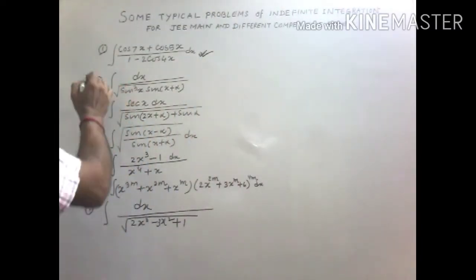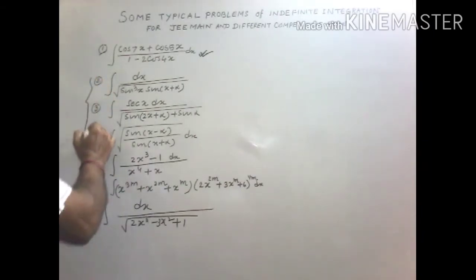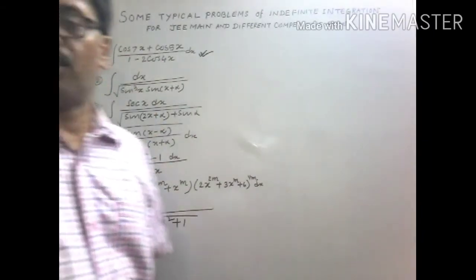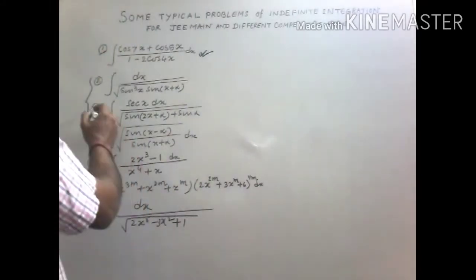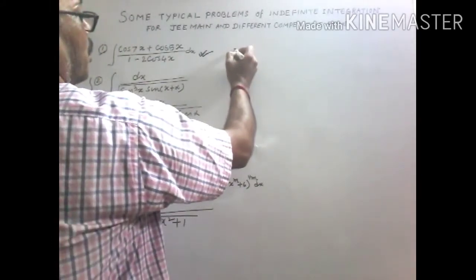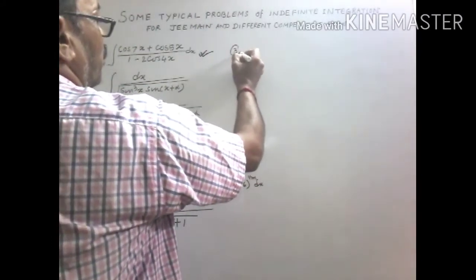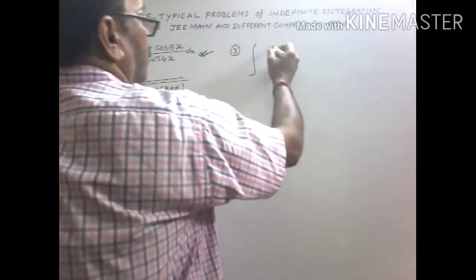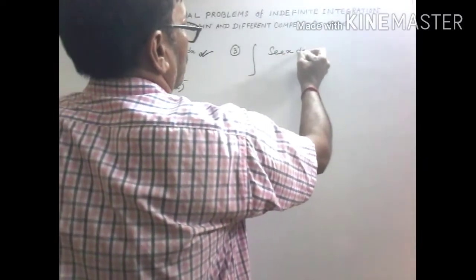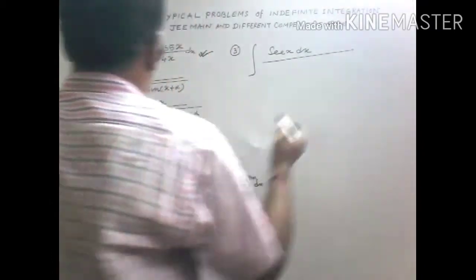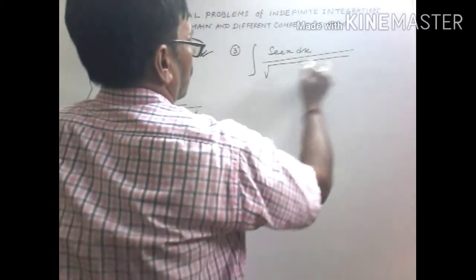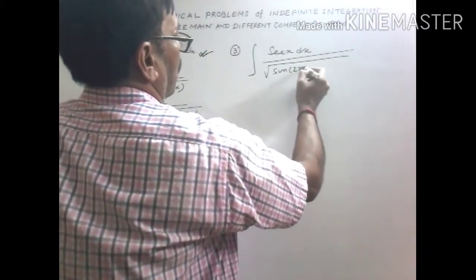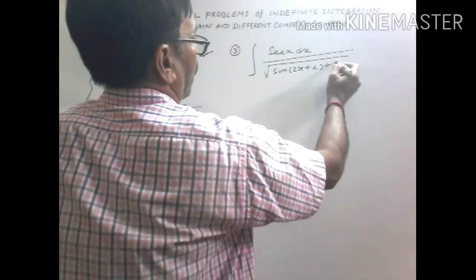So look, problem numbers 2, 3 and 4 are of the same type. So we consider problem number 3. Sec x dx by root over sin 2x plus alpha plus sin alpha.